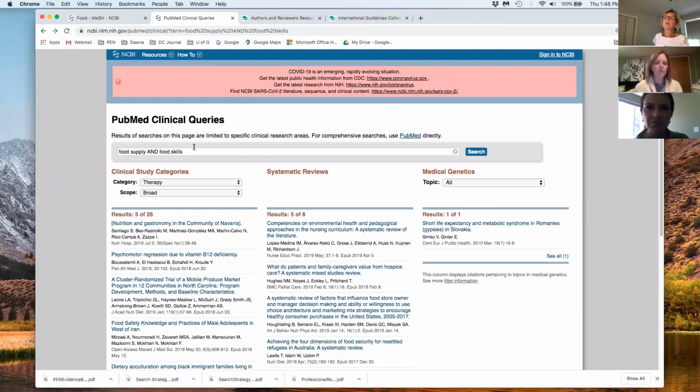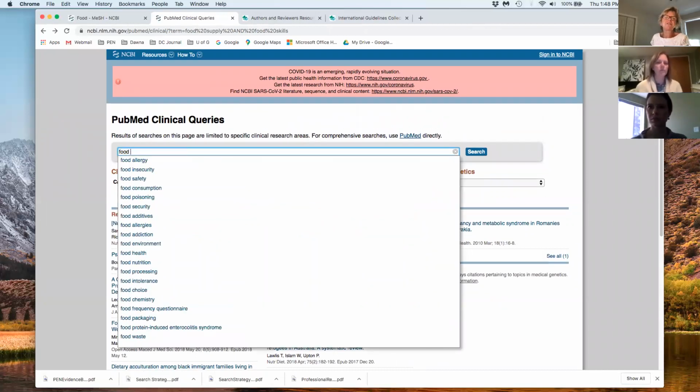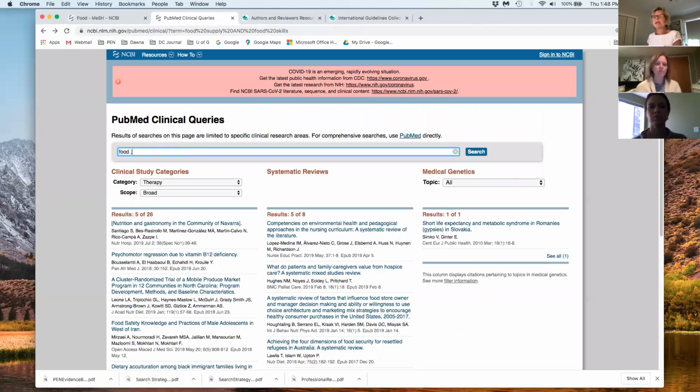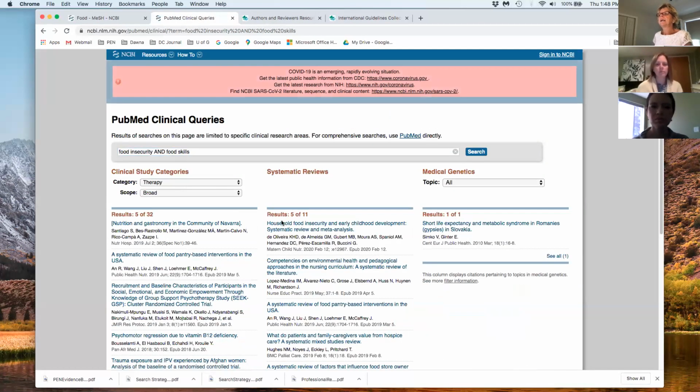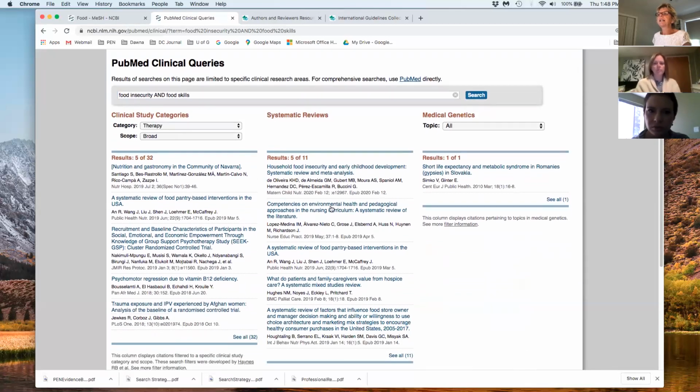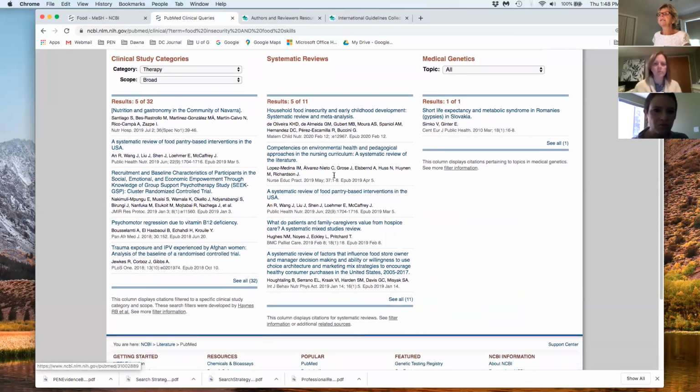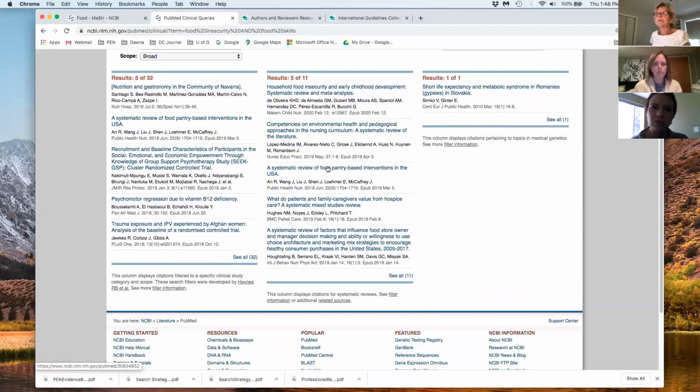Let's try, instead of food supply, maybe more of our text words, because food supply wasn't really addressing the population very well, right? So if we go back to try food security, insecurity, and food skills, let's see. Early childhood development, that's really not about an intervention. Oh, a systematic review of food pantry-based interventions in the US.